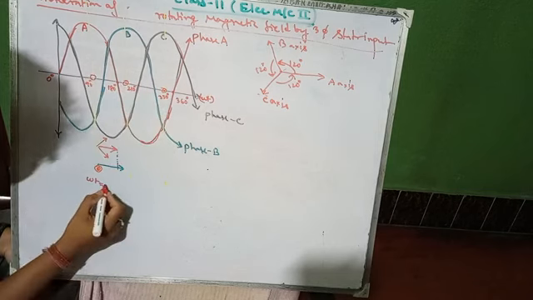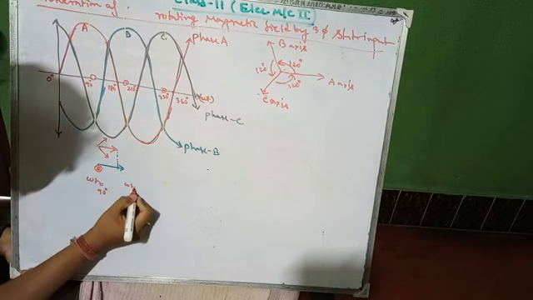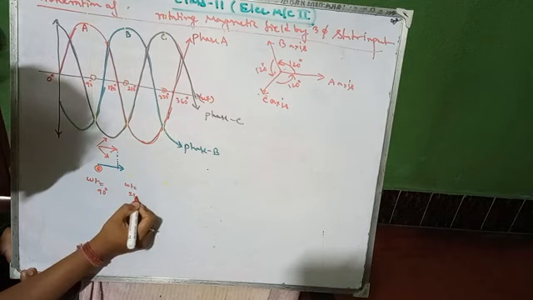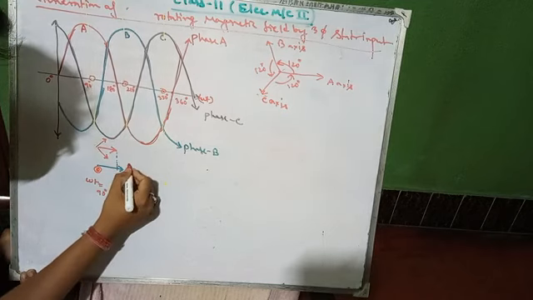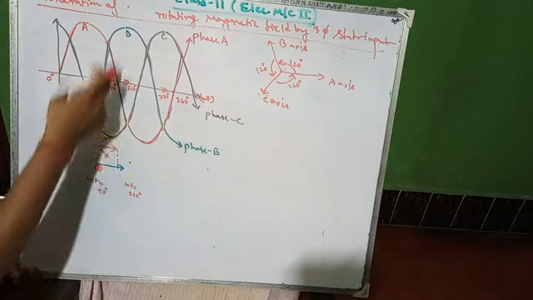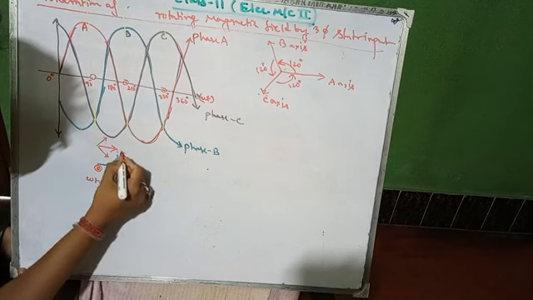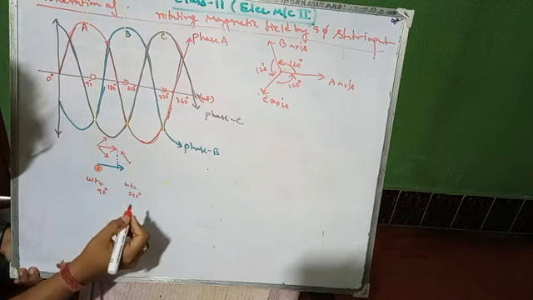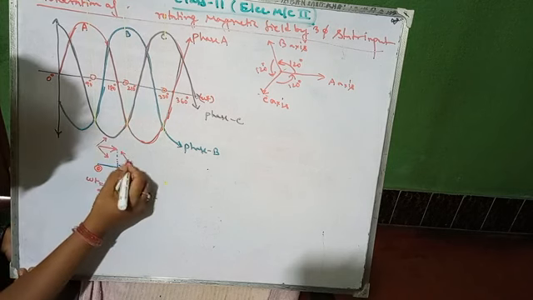Now the first one is omega t equals 90 degrees, and the second one is omega t equals 210 degrees. At 210 degrees, what will be the direction? B will be maximum, so B direction will be this one, and A and C are negative half.